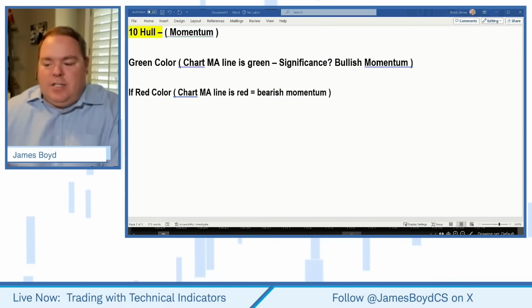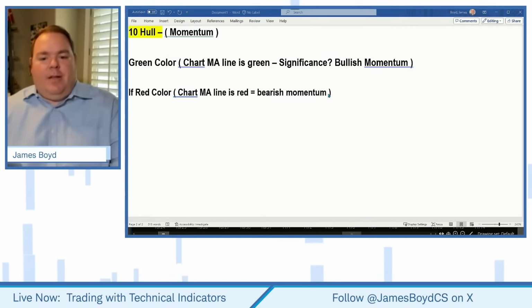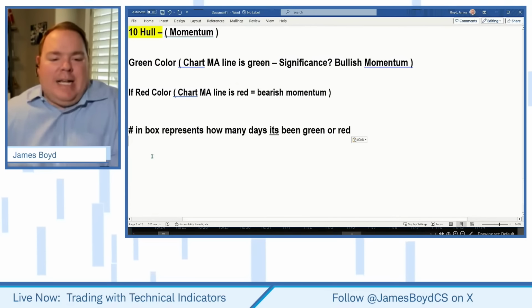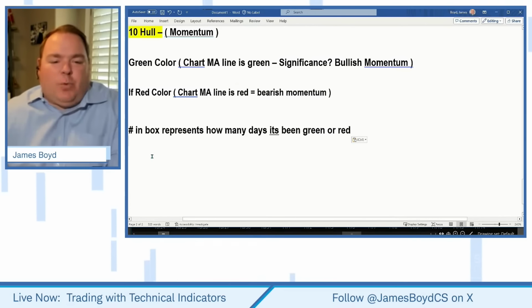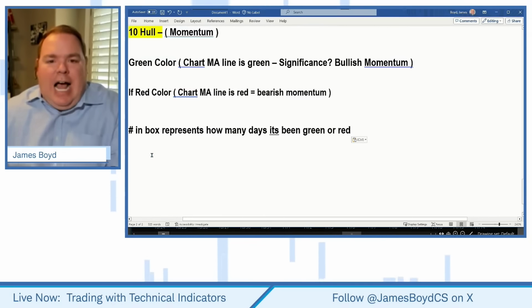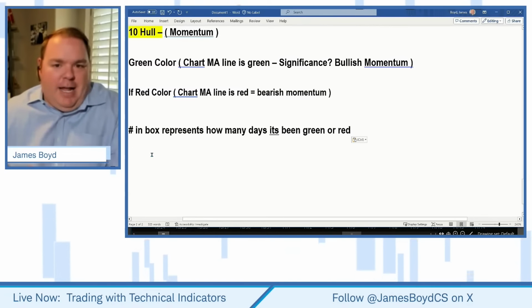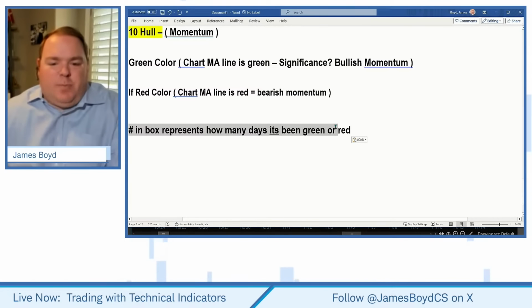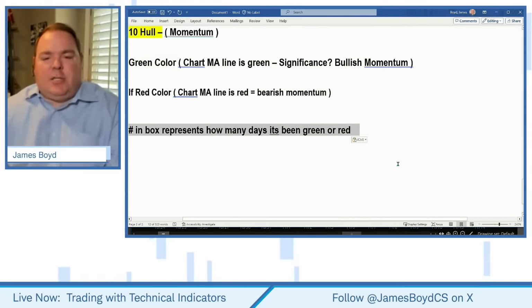And the biggest thing that's really nice, and we thank whoever fixed that, is what does the number in the box represent? What's nice about this is it'll tell us how many days it's been green or how many days it's been red. By the way, we had this historically as well, but then updated it to here.